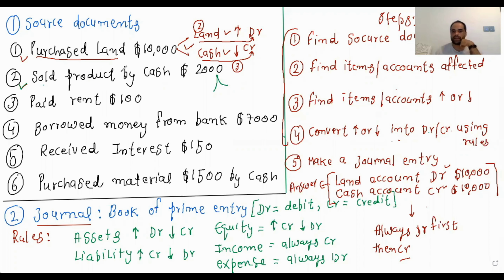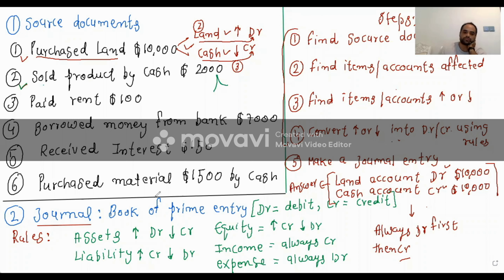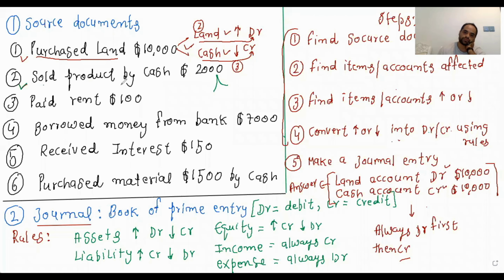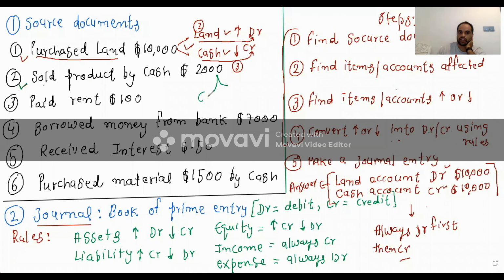You sold product by cash. So it means you sell product and the customer gives you cash. Which 2 accounts are affected here? Product and cash. But I don't call it product because we sold it.